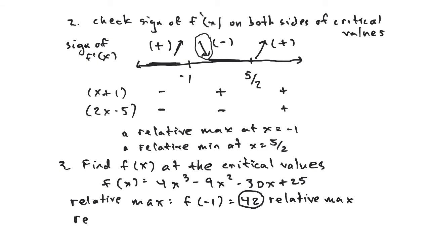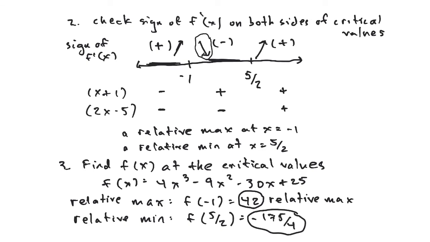And then if I want to find my relative min, I'm going to plug 5 halves into f of x. And if I do that, I end up getting -175 over 4, which you can do in your calculator. And so this here is my relative min.